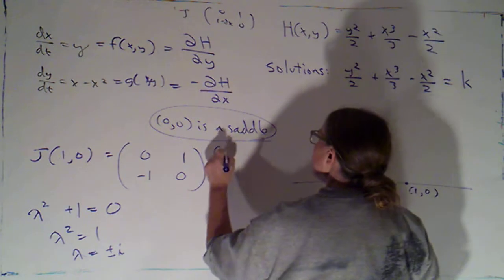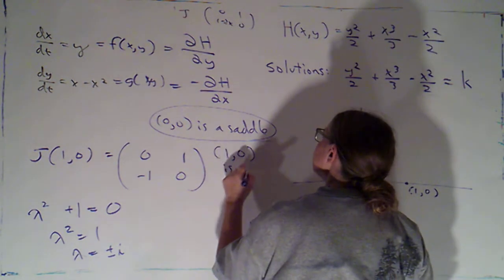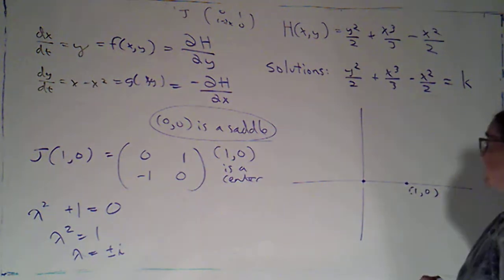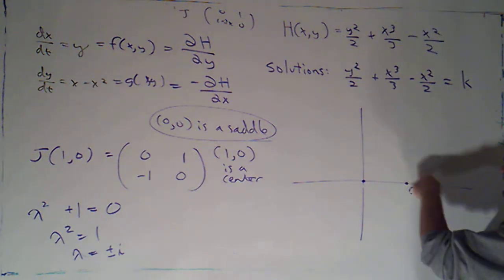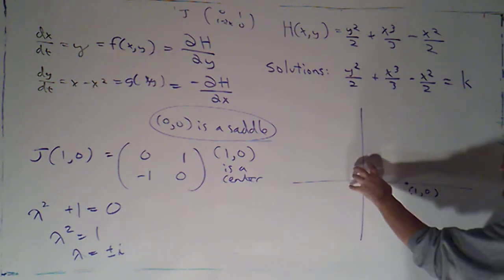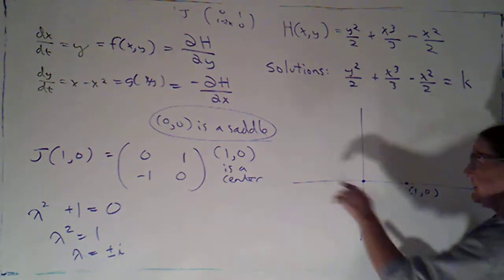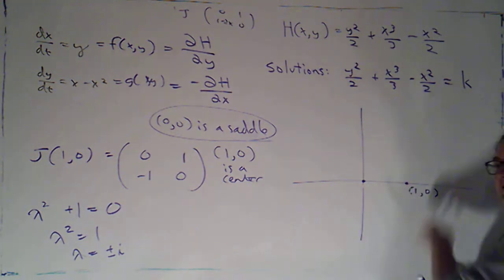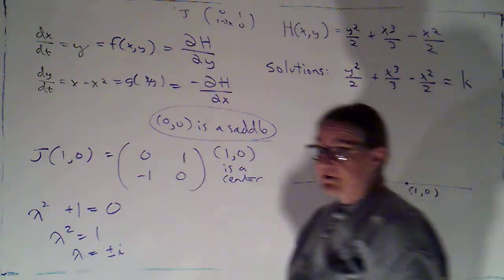So I know that 1, 0 is a center. So we're able to classify them. So I'm expecting solutions to sort of spiral around this, and I'm expecting solutions here to behave so that they're sort of coming closer and then further away and closer and further away, etc., etc.